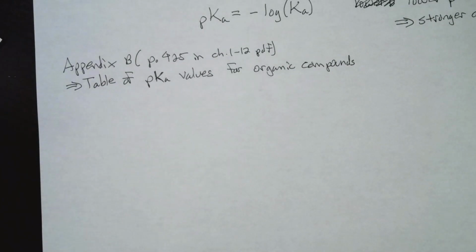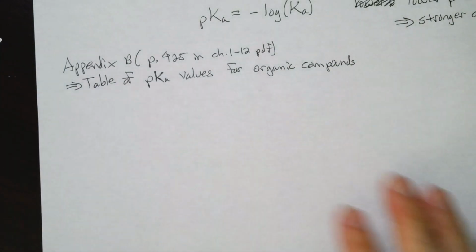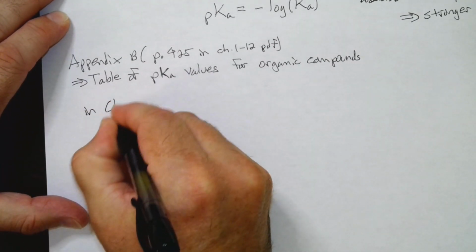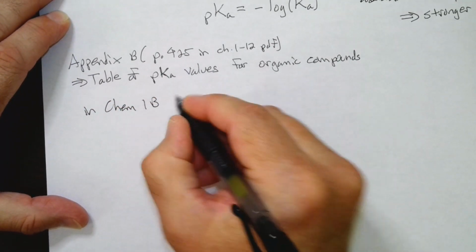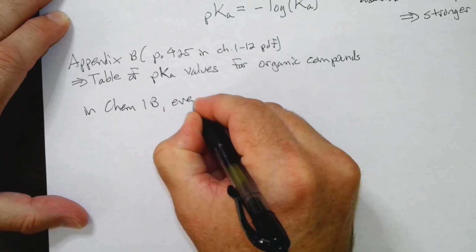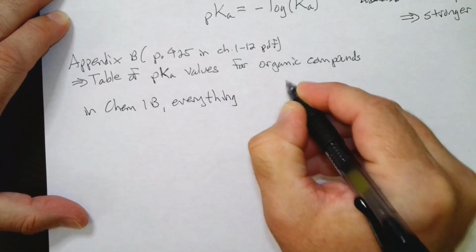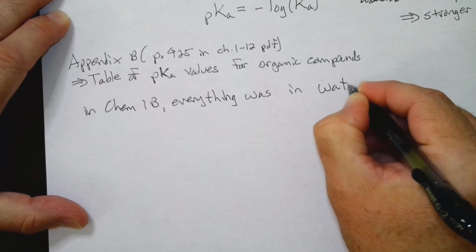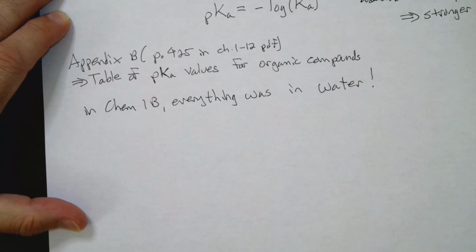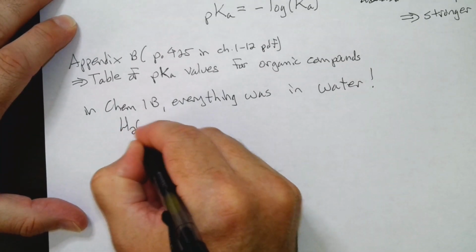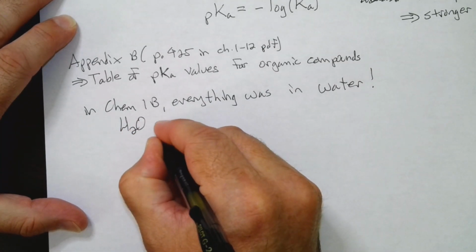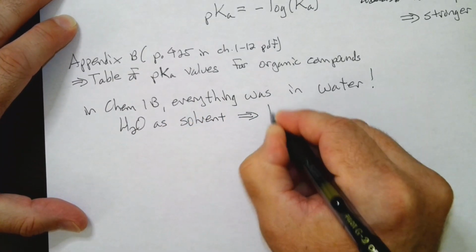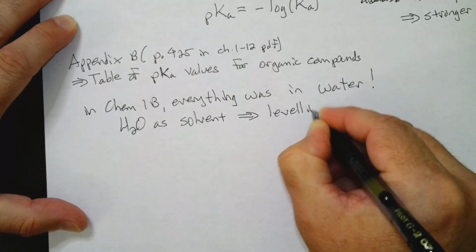What I want you to get the sense of from looking at this table is that in Chem 1B, everything you looked at was in water. So when you have H2O as the solvent, that gives rise to what we call the leveling effect.